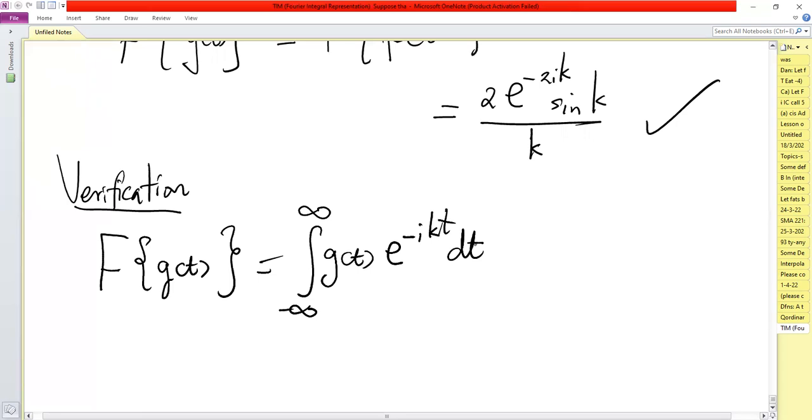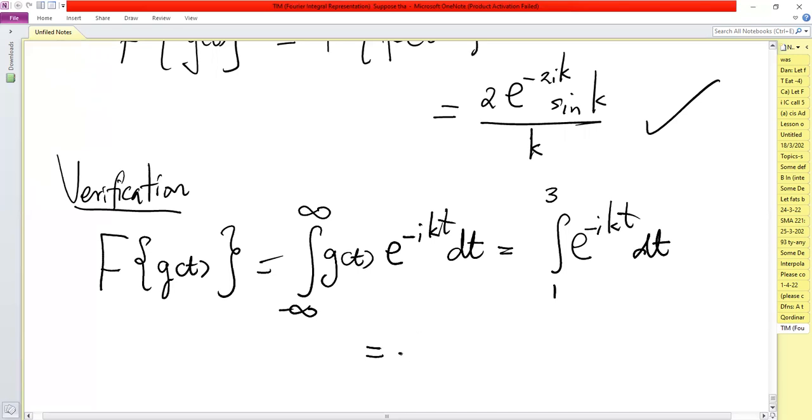But because the function is only defined from 1 to 3, this interval reduces to 1 to 3, and then from 1 to 3, the value of the function g of t is 1. So we just have the integral of e raised power negative i k t dt.